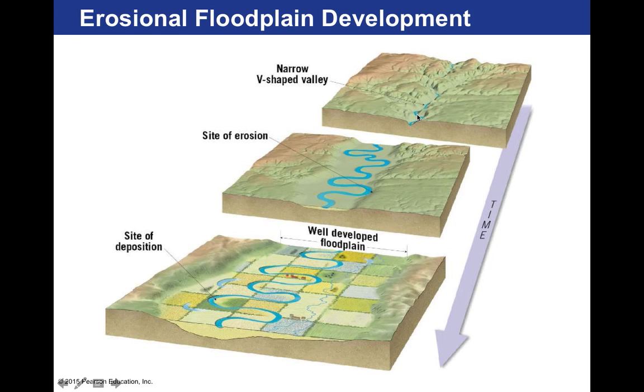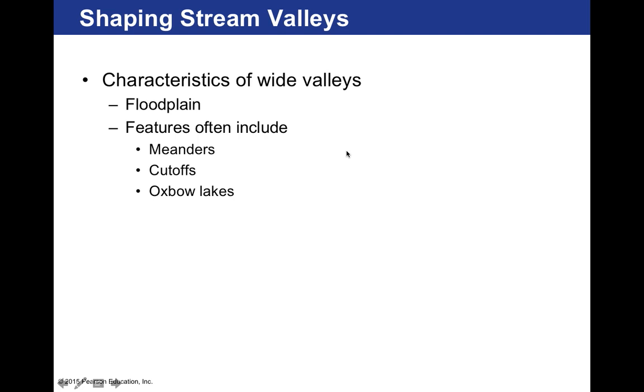As time goes by, you erode more and more of this edge of the river away, eventually until you form a floodplain. So these meanders, since the erosion occurs again at the edge, it keeps eroding and eroding away even more of the geography in the region, such that the river actually just becomes wider. So floodplain is that characteristic of a wide valley. So you can include those in wide valleys.